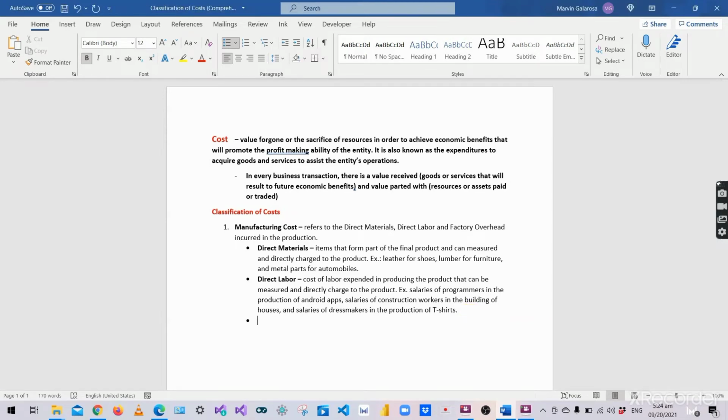And lastly, factory overhead. This is also known as manufacturing expense or burden. It refers to the indirect element of cost.